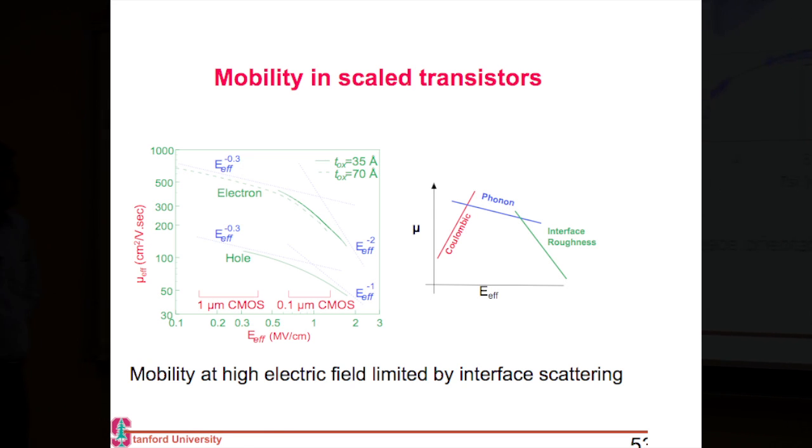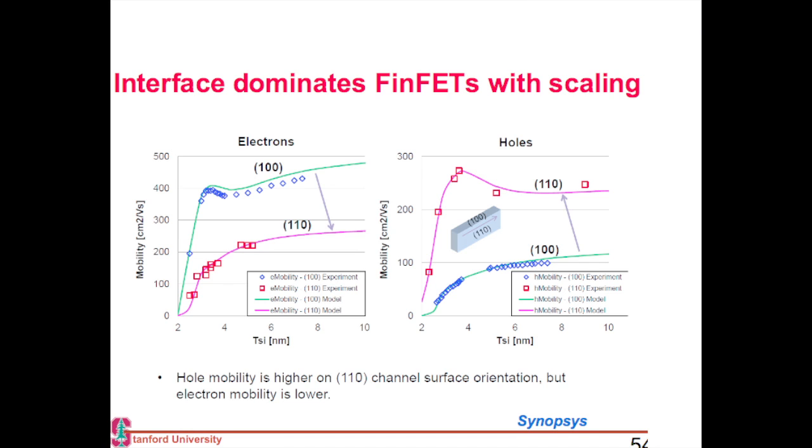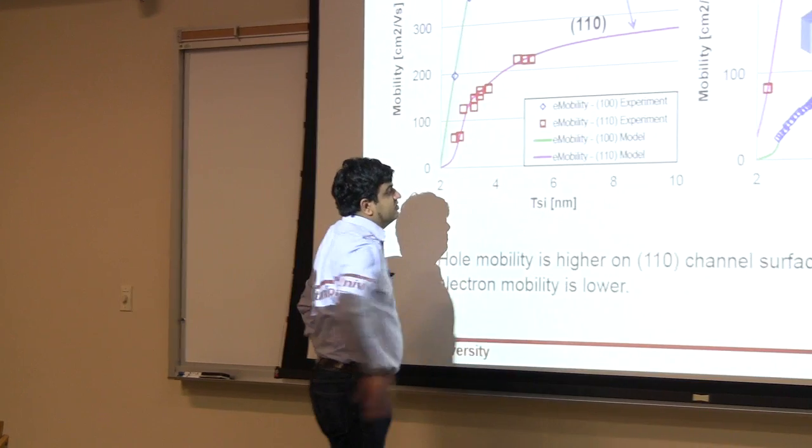So over here, I'm repeating this slide from our discussion on FinFETs. For my FinFET, the only way it scales is if I scale my width, and I also need to scale the gate length.